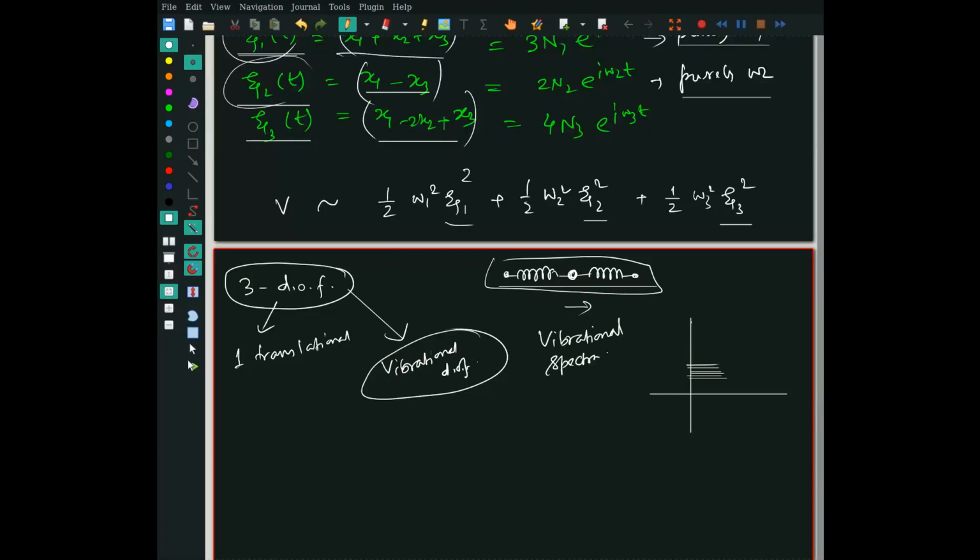Perhaps you only did the diatomic molecule. A diatomic molecule is simple, it's just one translational and one vibrational, so the vibrational frequency is very simple.